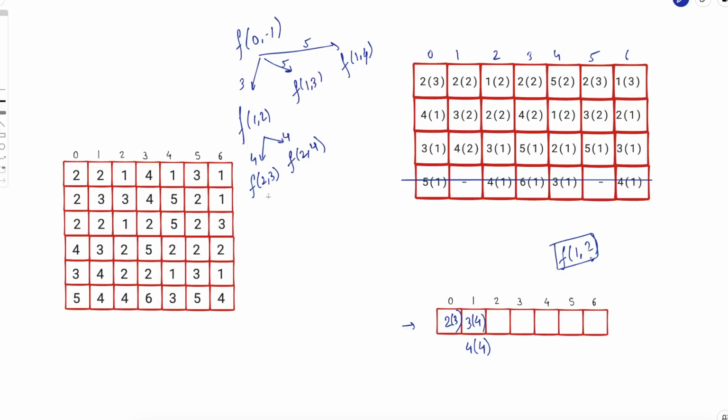Now similarly for f of 2 3, you are saying that starting at 2 you need to fill everything such that the first element is not equal to 3. So at 2 there are 3 possible choices, 1, 2 and 3. Sorry, you can't fill 3 here, so you have 2 choices, 1 or 2. So you'll say starting at 3 I have to fill everything such that the first element that you have filled is 1.